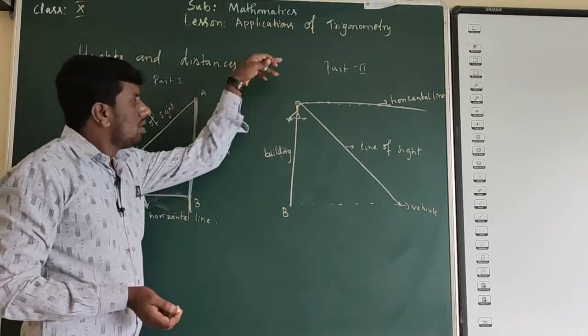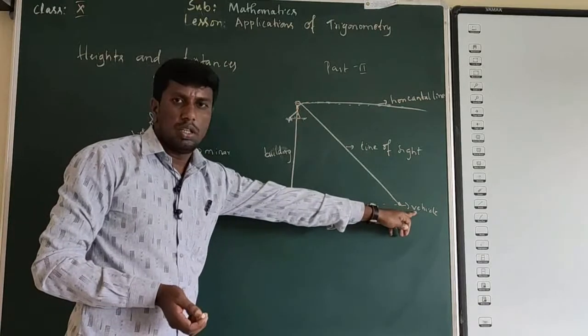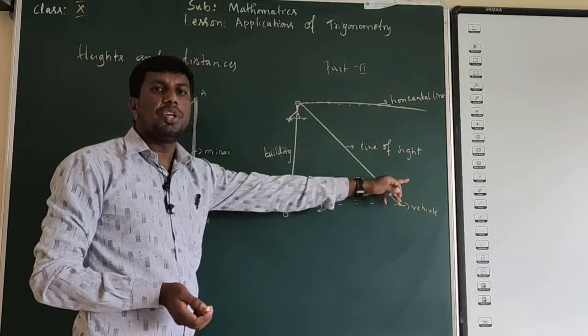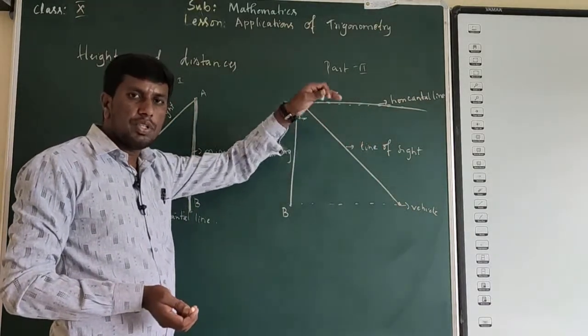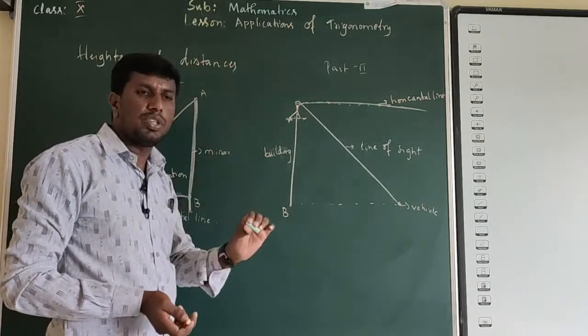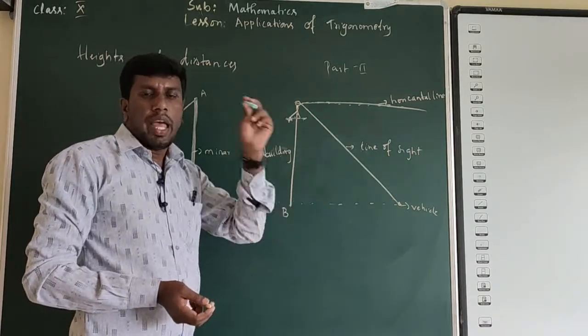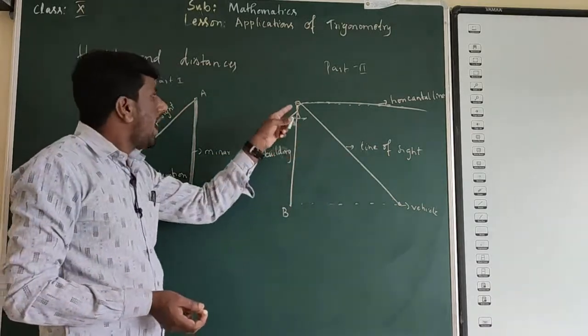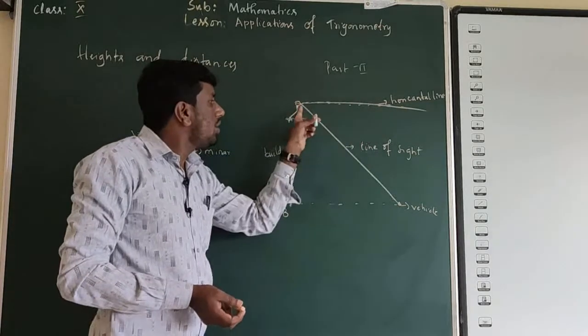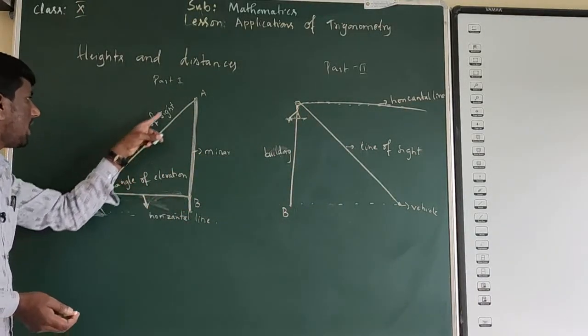Now, you are standing on the 4th floor, and the object will be on the ground. To observe the object, you need to lower your head, right? Then an angle will be formed, the angle between the horizontal line and this line of sight.